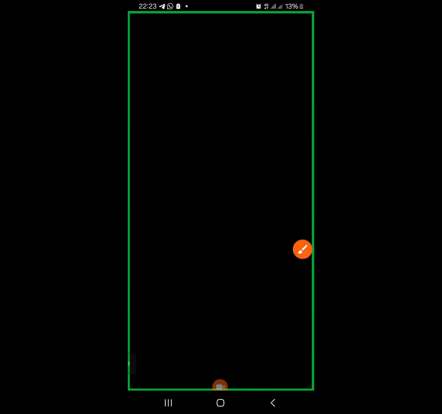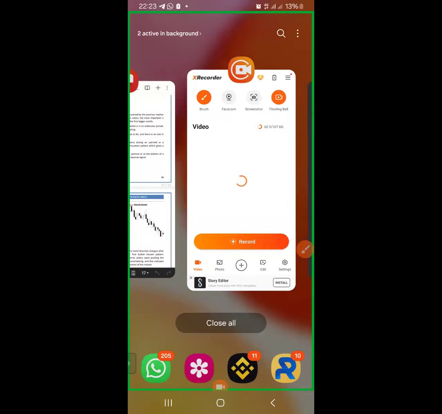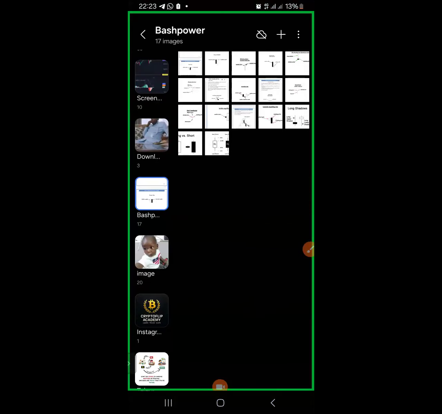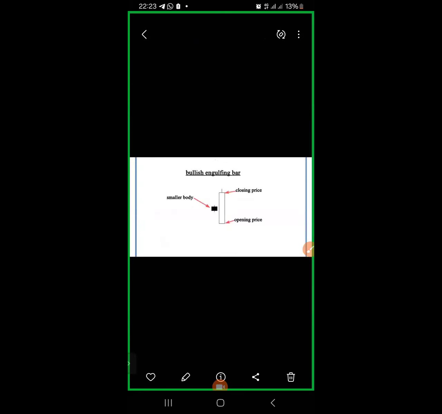Let me go to my chart such that you can see it clearly. Bullish, bullish, bullish. So that is how it forms. There is a smaller body and there is a larger body.